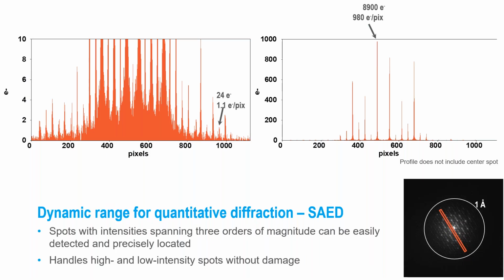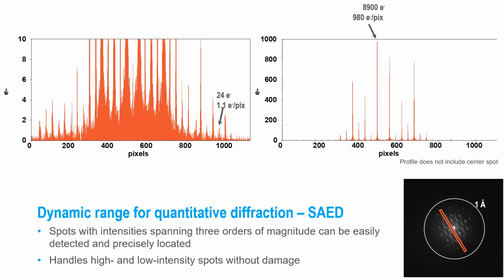And maybe I should also point out here that toward the center of this pattern, you see that the background intensity is much larger, but this is background intensity from the sample. This is real data, real information from the sample. Now, it's probably not the information that most people want.